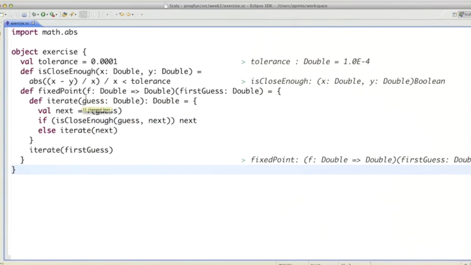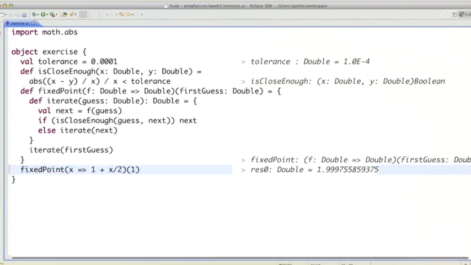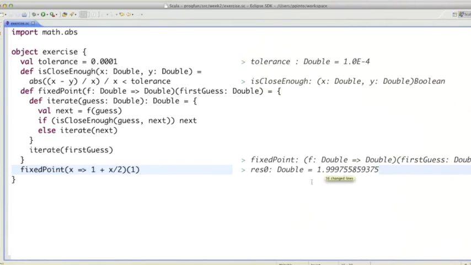So let's try this method out for our function that maps x to 1 plus x over 2. So let me write fixed point, x to 1 plus x over 2, initial value 1, and we would get something that's very close to 2, as expected.